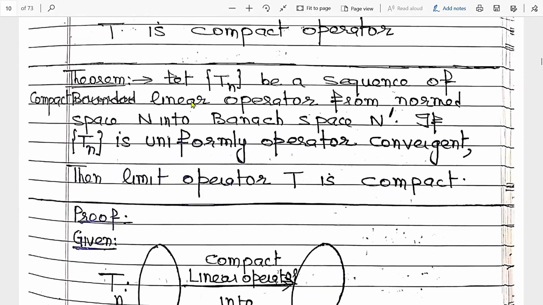We already did this theorem, and after this theorem, we proved that this theorem is applicable only for uniformly convergent operators. This result is not applicable for strongly convergent operators.